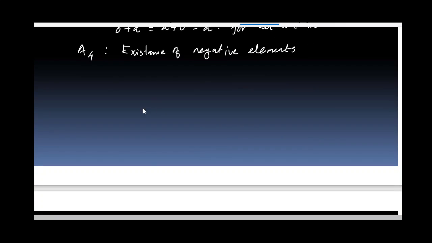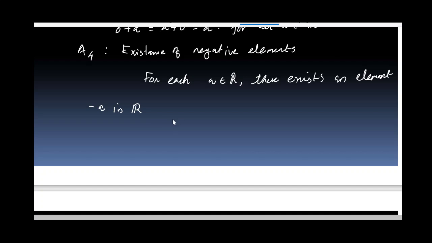Existence of negative elements: for each a belongs to R, there exists an element minus a in R such that a + (-a) equal to 0 and (-a) + a is equal to 0.